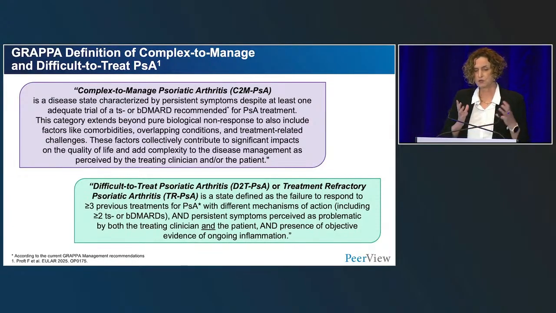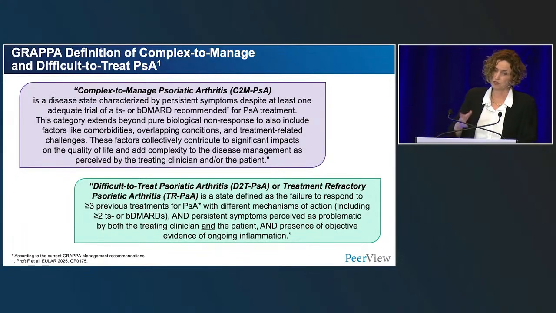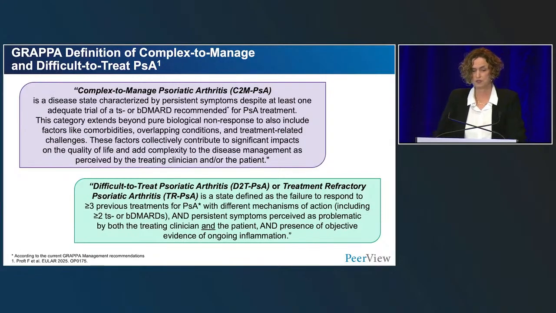This group is defined as a failure to respond to at least 3 previous treatments, including 2 targeted synthetic or biologic DMARDs, and having persistent symptoms that are perceived to be problematic not just by the physician, but also by the patients, and having objective evidence of ongoing inflammation.